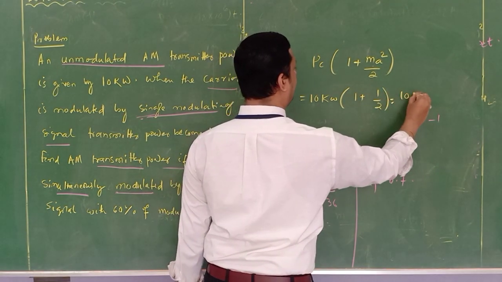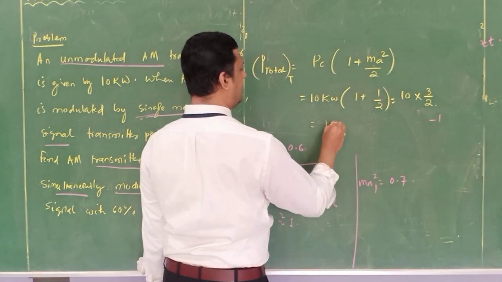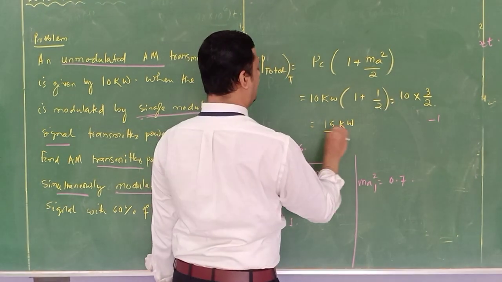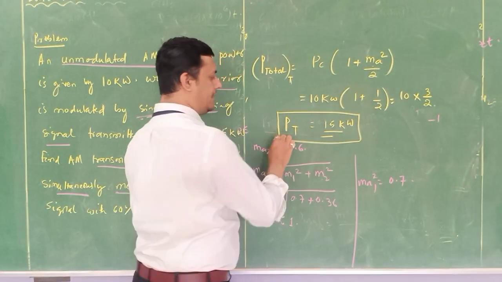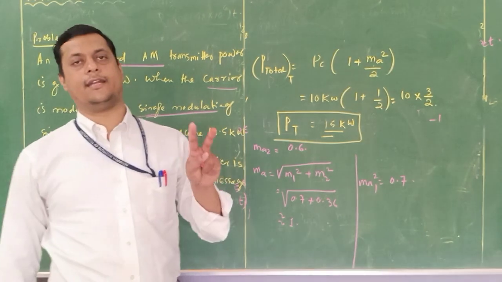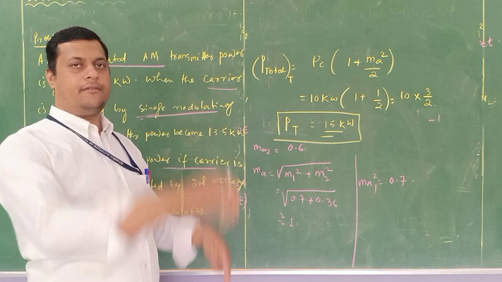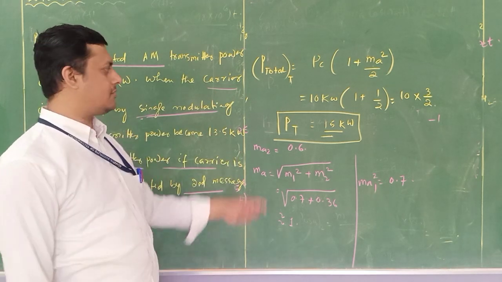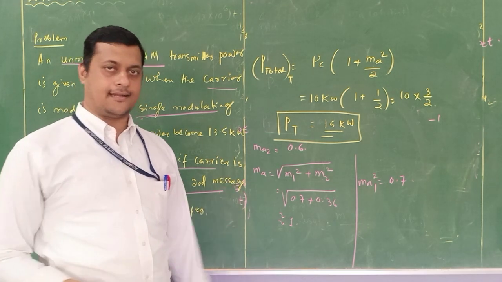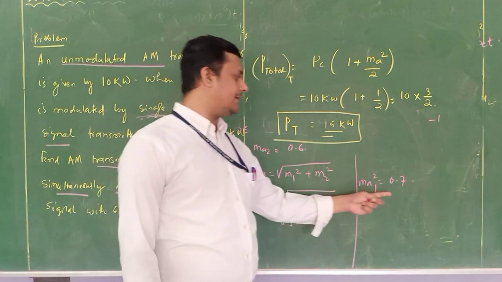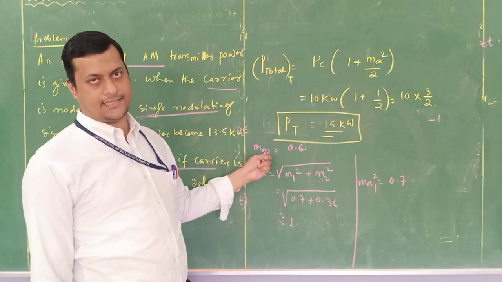So it is 10 into 3 divided by 2. So you will get 15 kilowatt. This is the total transmitted power in which two modulating signals are modulated, and then we are transmitting with the help of the AM transmitter. One with modulation index root 0.7 and another with modulation index 0.6.